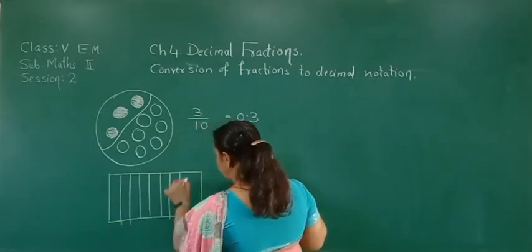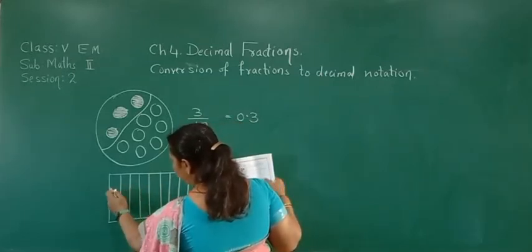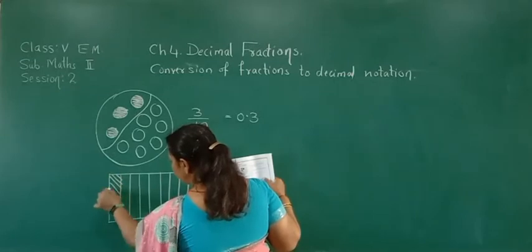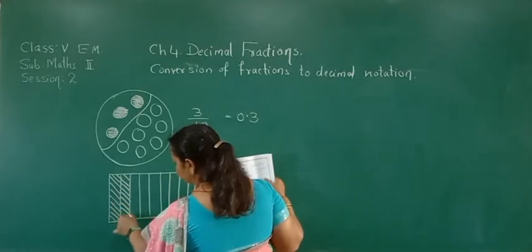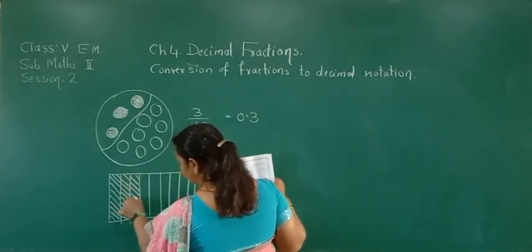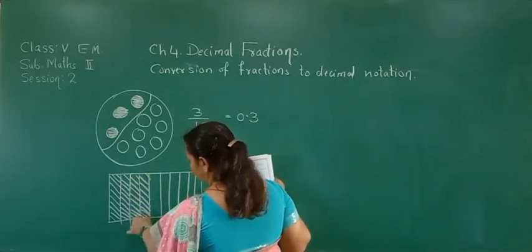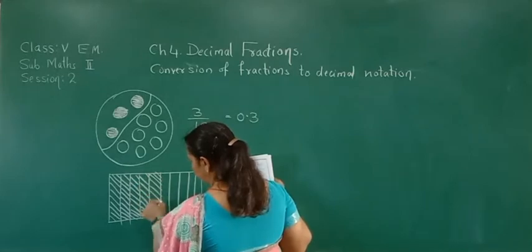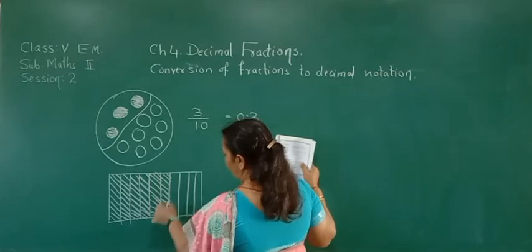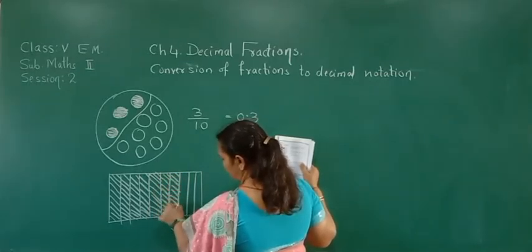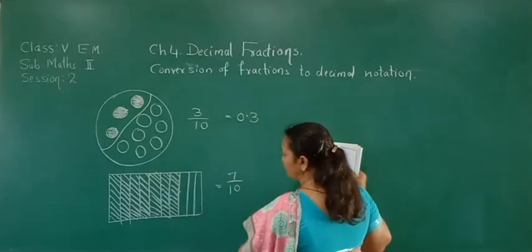Out of 10 parts, 1, 2, 3, 4, 5, 6, 7, 8, 9, 10, if 7 parts are shaded, then as a fraction we write it as 7 by 10.